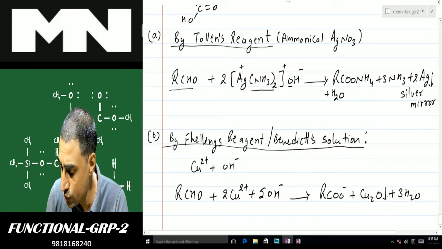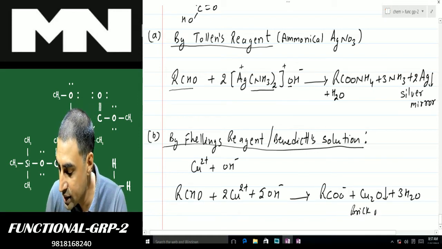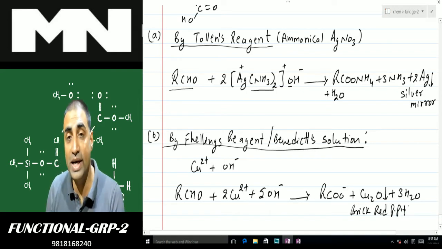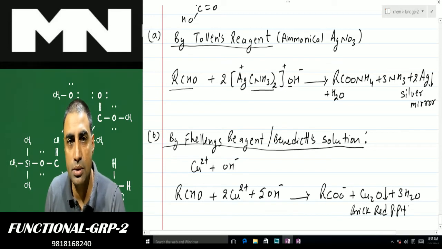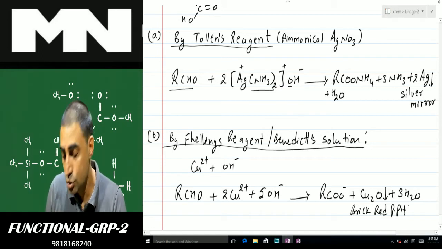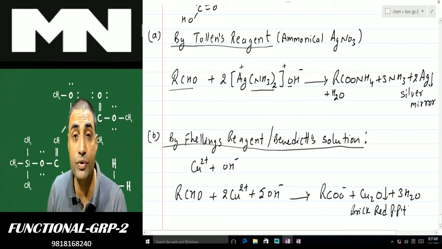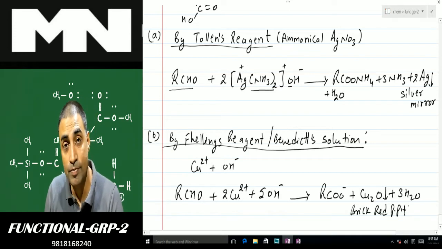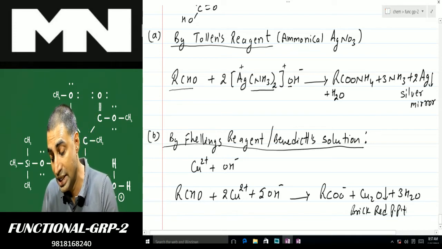This Cu2O will settle down at the bottom of the test tube as brick red precipitate. So aldehydes will undergo oxidation by Benedict's solution or Fehling's solution, giving you brick red precipitate, but ketones do not. So this reaction can be used as a test to differentiate between aldehyde and ketone. And this is all about oxidation of aldehydes.